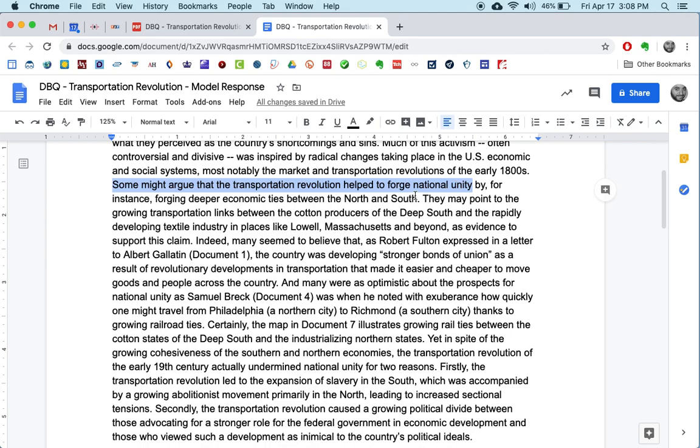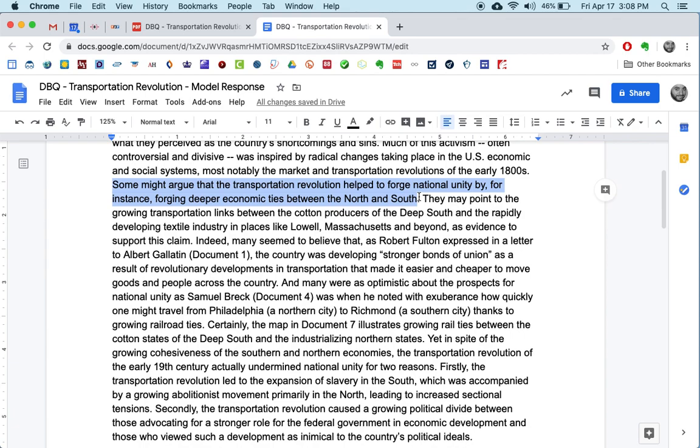And that category that I use is the notion that it may have forged deeper economic ties between the North and the South. Now, I can't just stop at that either, because it's really important for you to at least cursorily examine the evidence, or some evidence, that someone advocating for the counterclaim might use.